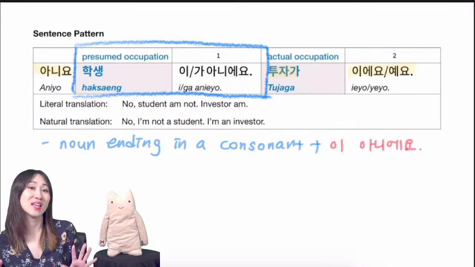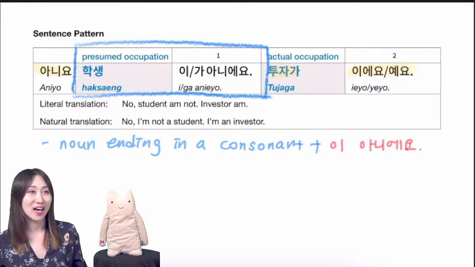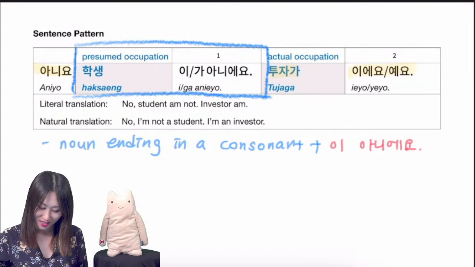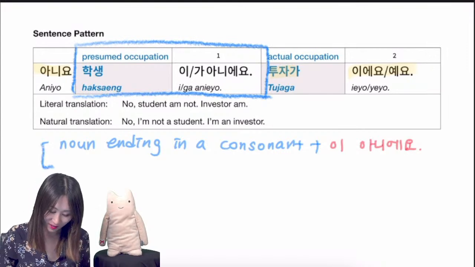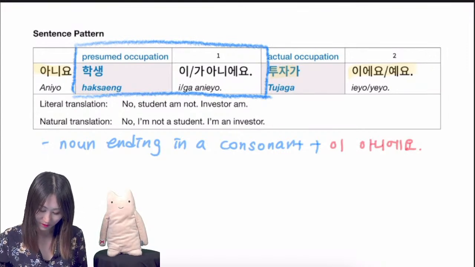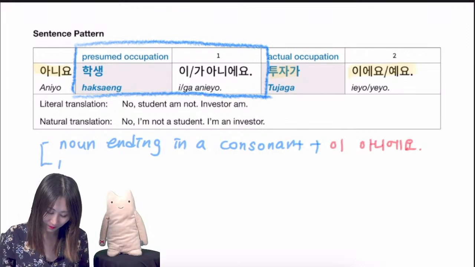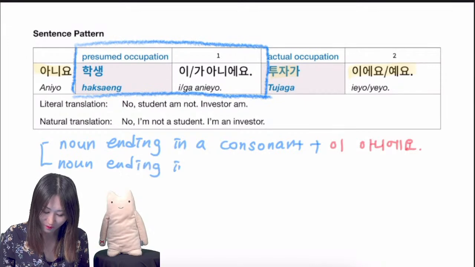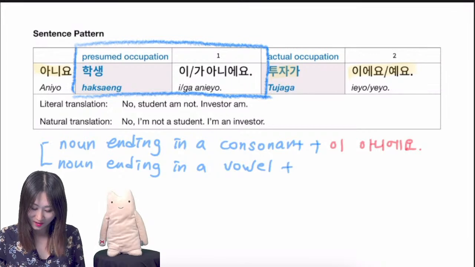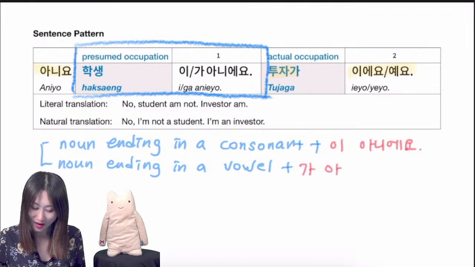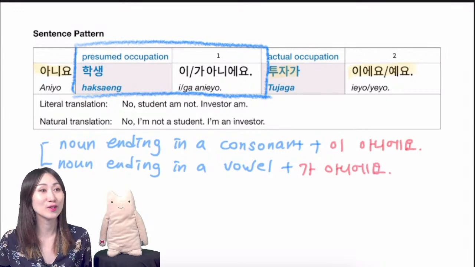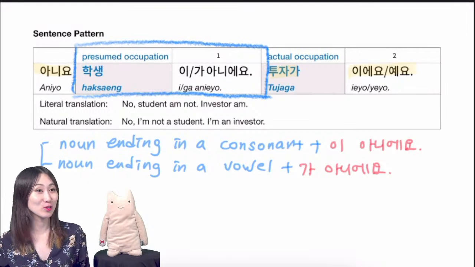It means am not, is not, are not. And if the noun ends in a vowel, what happens is 가 아니에요.